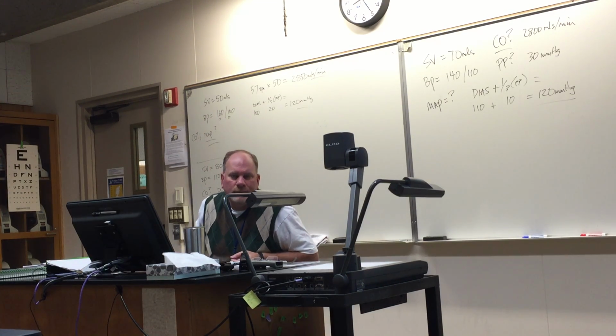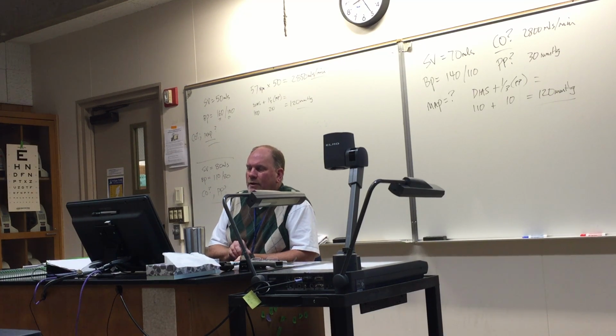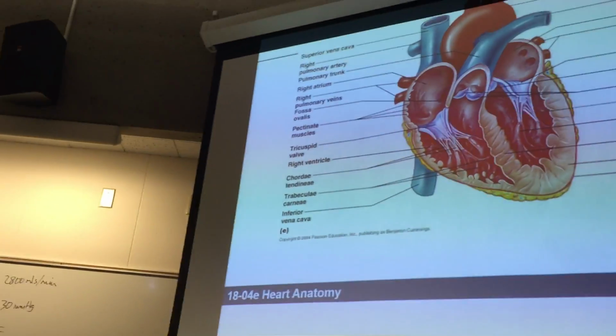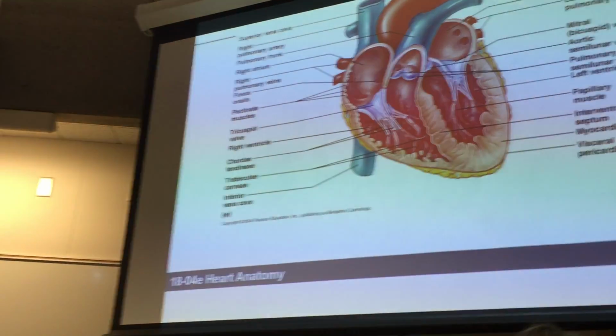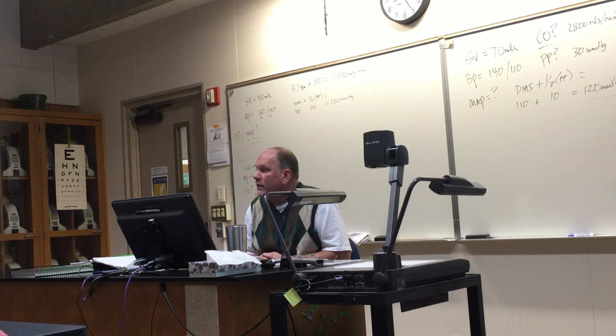This is your model. It also represents a nice opening into the heart and a look at blood circulation. So if I said I'm a red blood cell in the right ventricle, I will be exiting the heart through what valve and what structure will I end up in? Pulmonary. You leave the pulmonary valve heading toward the lungs.